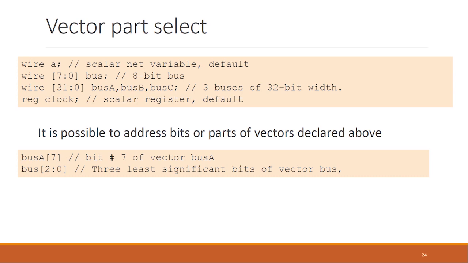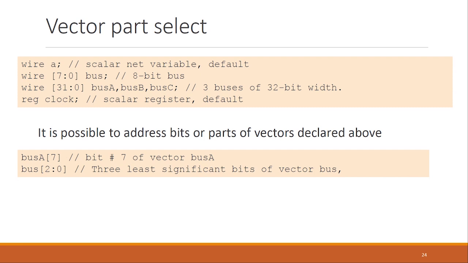and then you have the ability to select a part of a vector. Now the first set of examples are the examples that we saw in previous slides regarding vectors. And if you want to select a particular bit in a bus, you can use the syntax given here in the second set of examples.